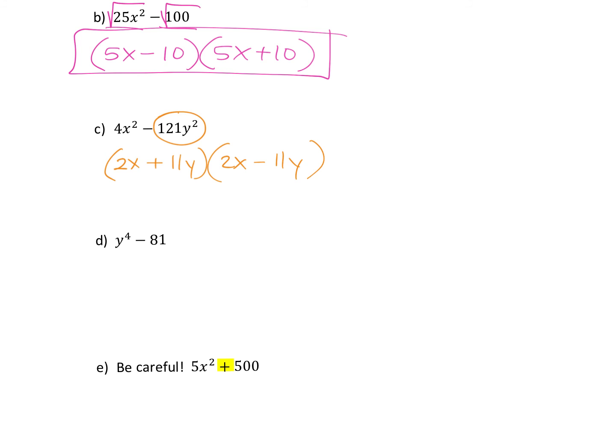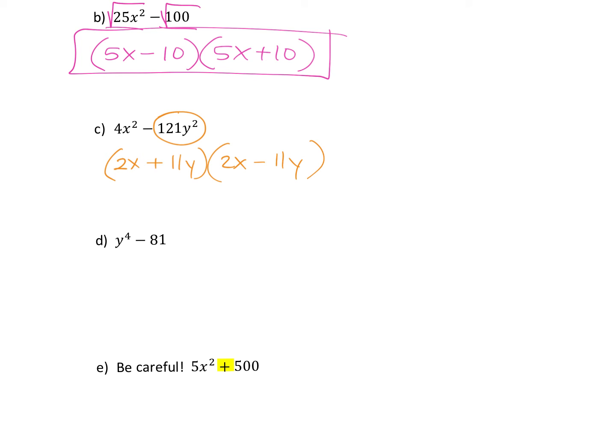No. You guys are all right there. What'd you get, Sam? 4y plus 9 and 4y minus 9. No. Is it y to the power of 3 plus 9 times y to the power of 3 minus 9? No. I love that you guys are working on it though.